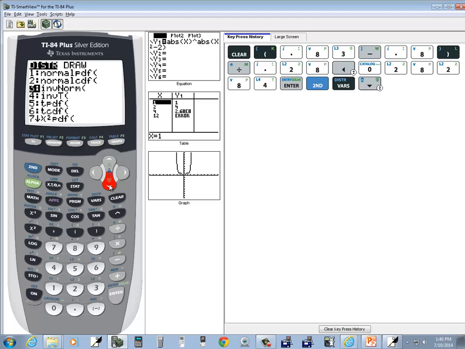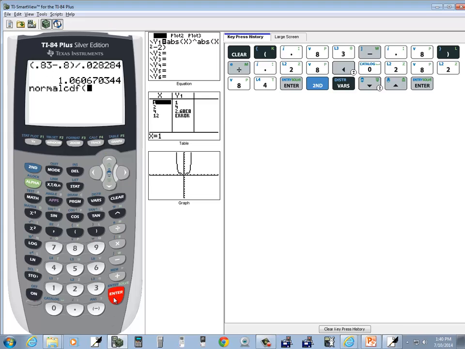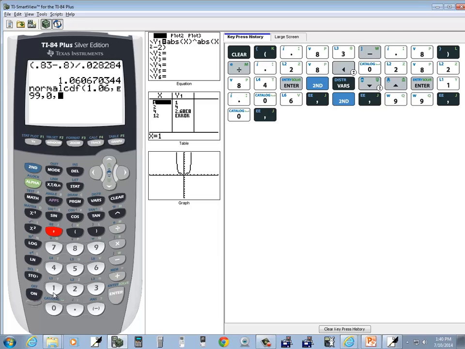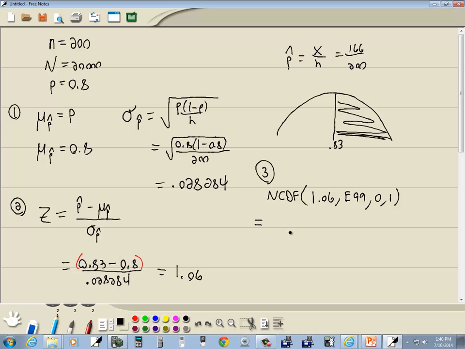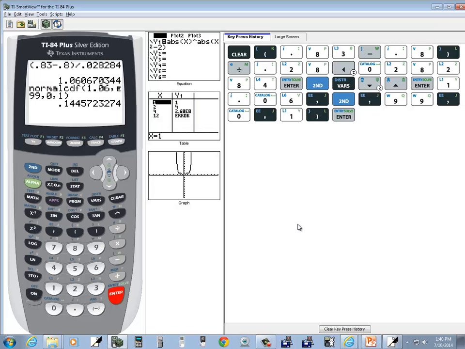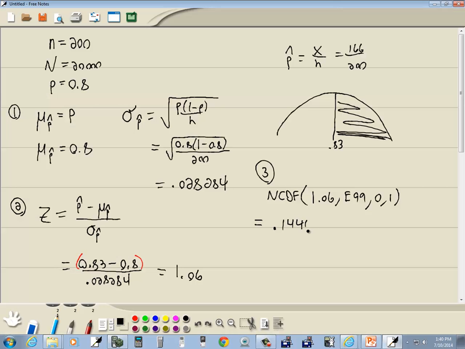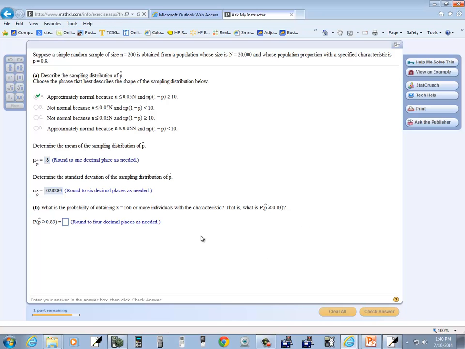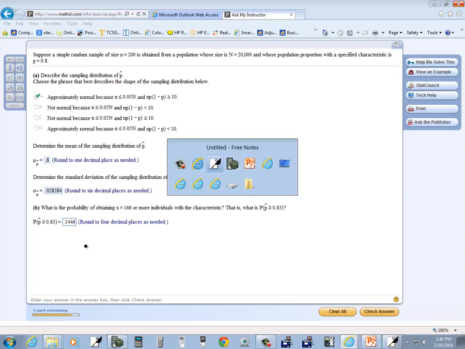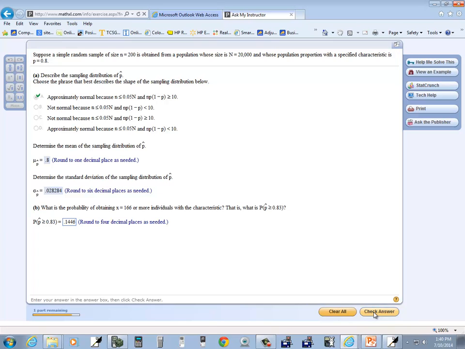Okay, normal CDF 1.06, comma, 2nd EE for E99, comma, 0, comma, 1. And close parentheses and then enter. Round to 4 decimal places: 0.1446. And that's how you'd find that.